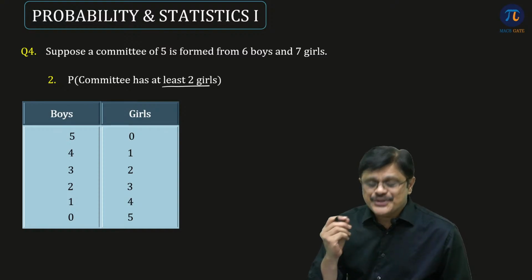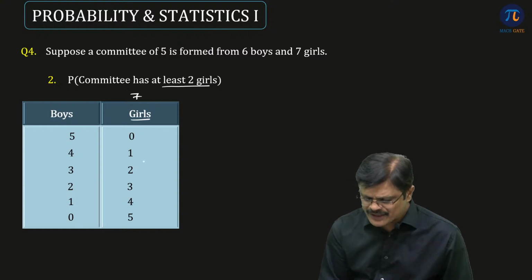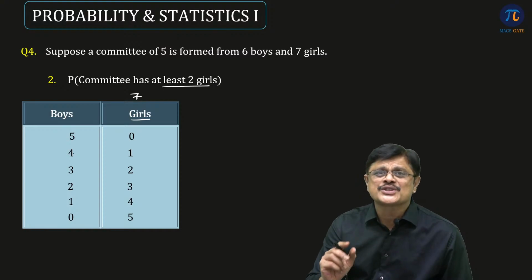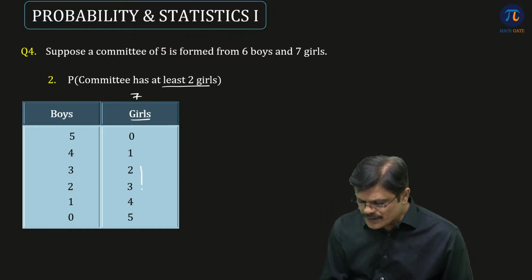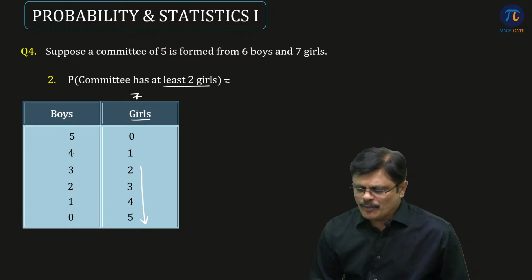We want at least 2 girls. At least 2 girls means, here you see the number of girls, we have a total of 7, and out of that you are selecting at least 2. At least 2 means 2 or more. So you want these 4 cases. So what is the probability that the committee has at least 2 girls?